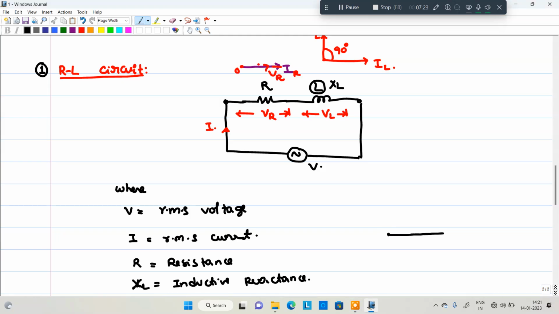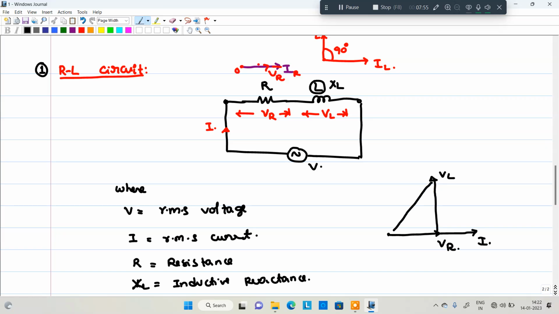Sorry, it is a series circuit, so current is the reference. Whenever current is the reference, the voltage VR is in phase with it. The voltage across the inductor leads by 90 degrees, that is VL. The total voltage is the vector sum of VR plus VL.